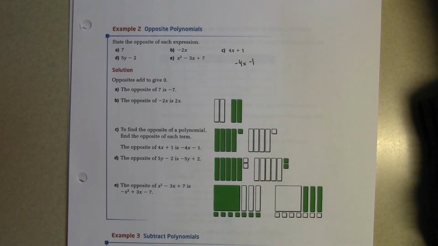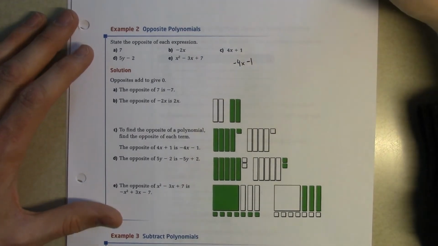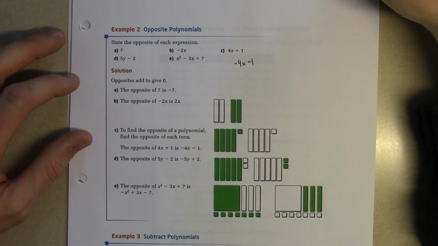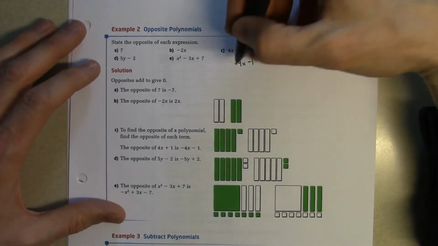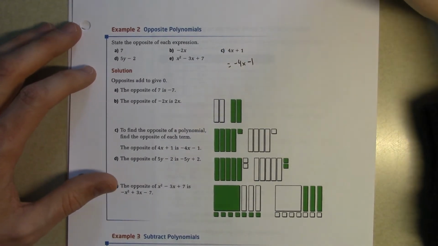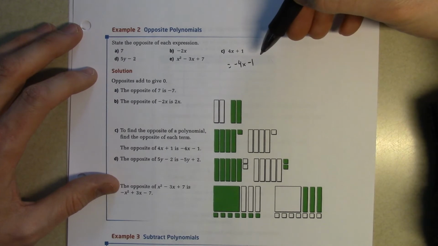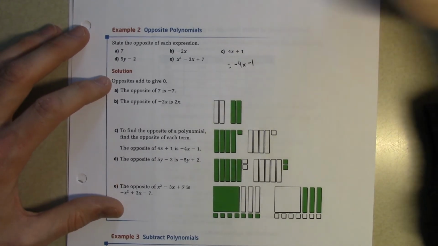Tyler asks why we don't change the 1 in that expression to a negative 1. So why wouldn't it be negative 4x subtract negative 1? If you subtract the negative, it's just plus negative. Isn't that what I just wrote? Negative 4x minus 1.